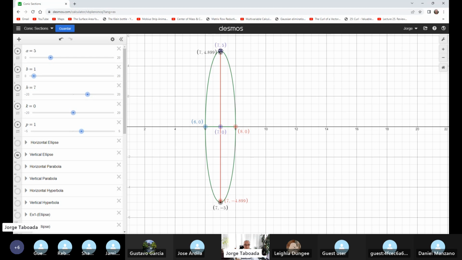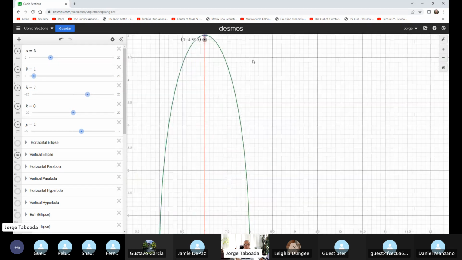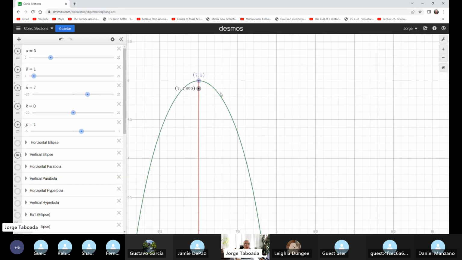Vertices 7,5 and 7,-5. The distance is the semi-major axis, 5. The co-vertex, or whatever you want to call it, the endpoints of the minor axis are 8,0 and 6,0, because that distance is 1. And the focus, which you see in black, is very close to the vertex.